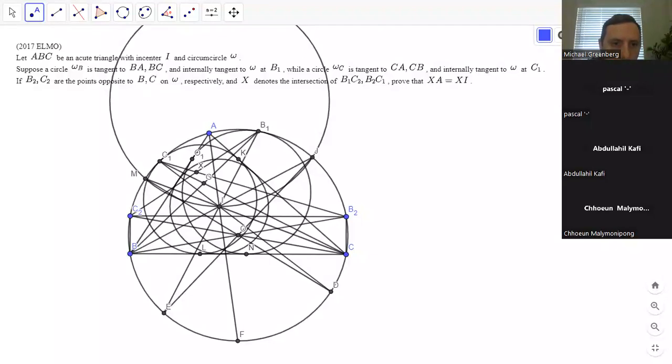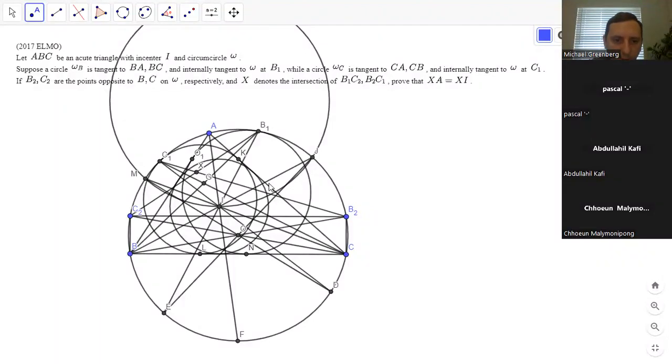So maybe we can introduce points M and J. Because what if we have MEF, CDJ?